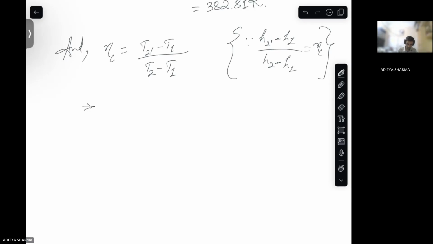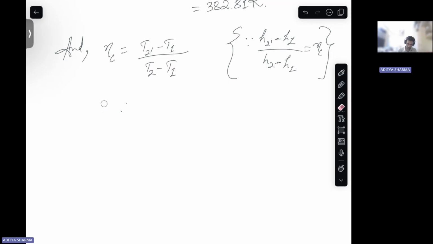So from here we will calculate T2 because we want to find out compressor work. And what is compressor work?